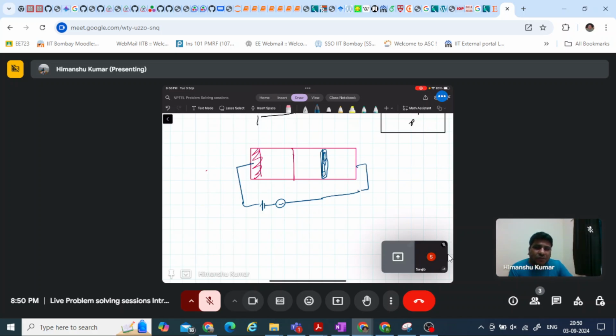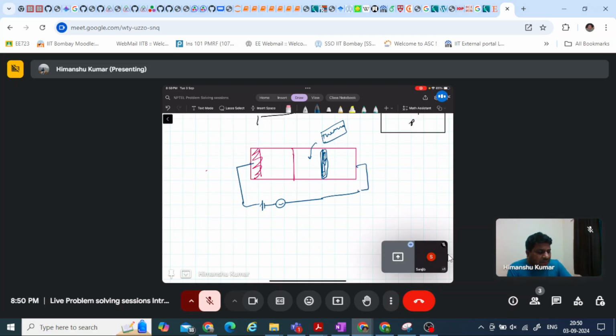That depends on how these carriers are generated. If your carriers are generated by thermal generation, then this is a very slow process.